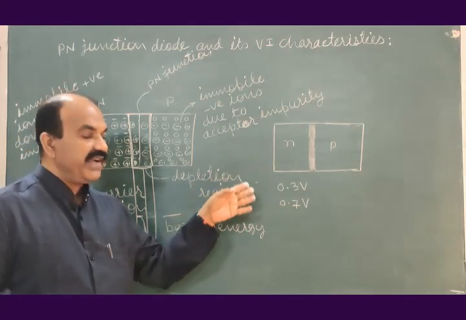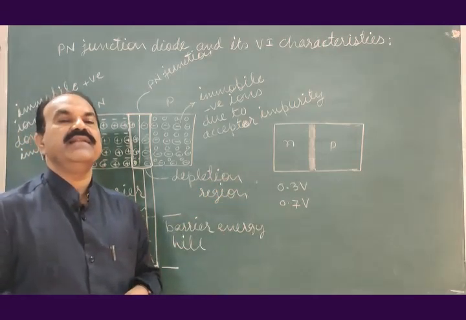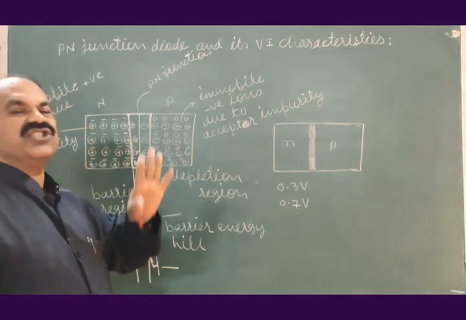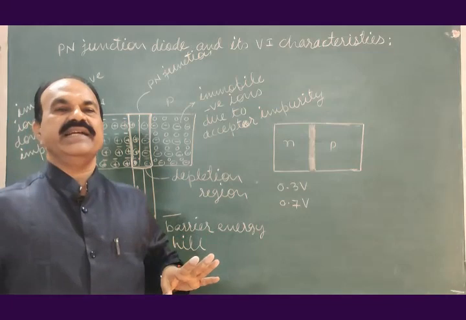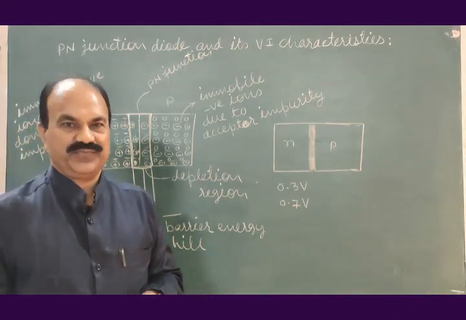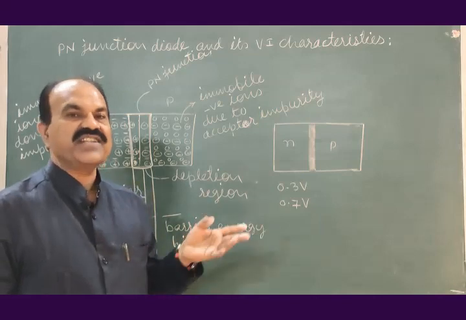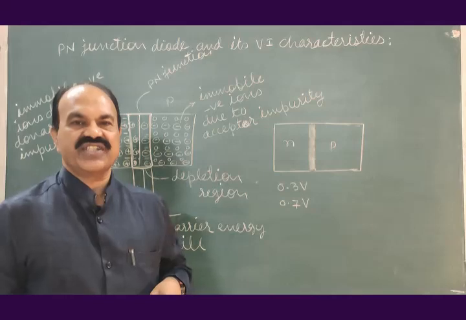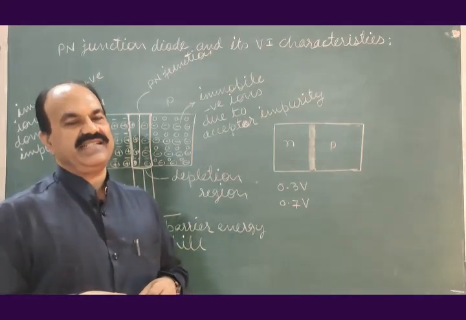If we do not provide these energies, then the p-n junction diode will not be conducting. This depletion region will not allow the free charge carriers to cross to the other side and produce electric current.